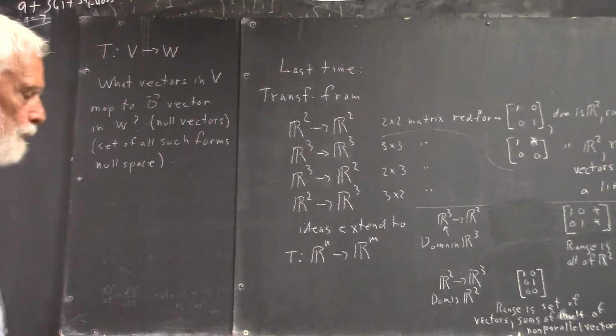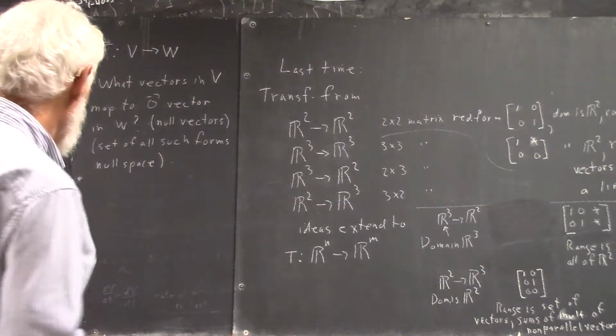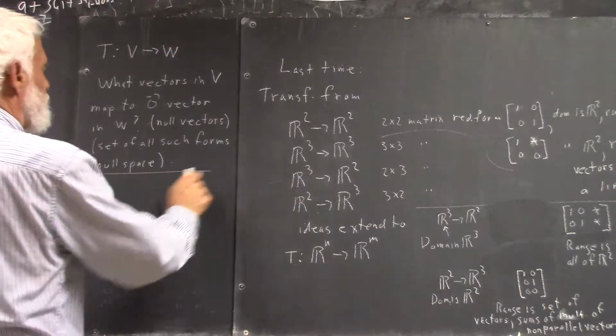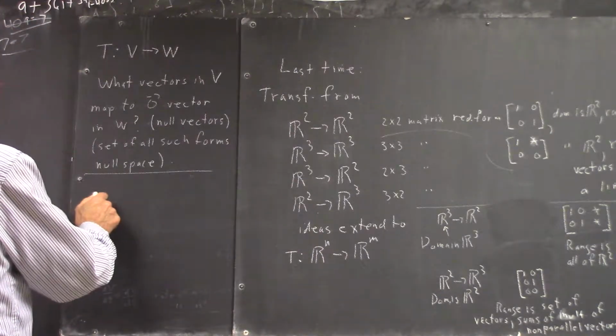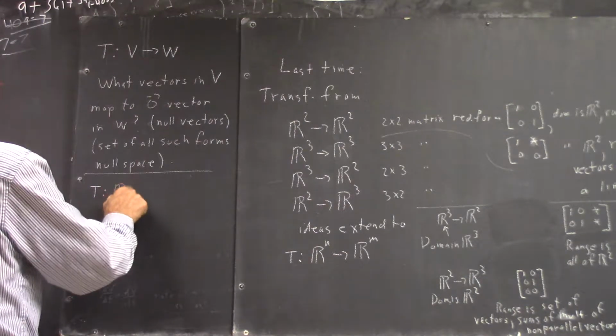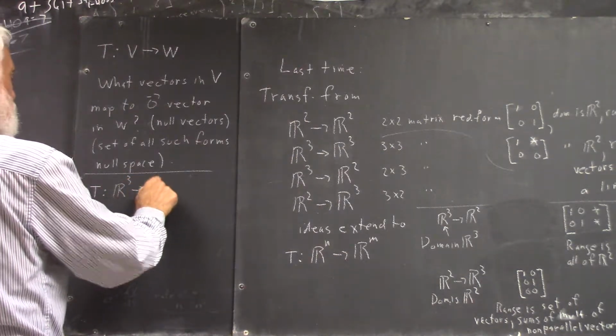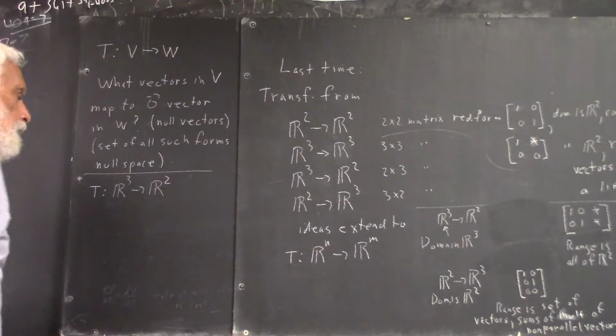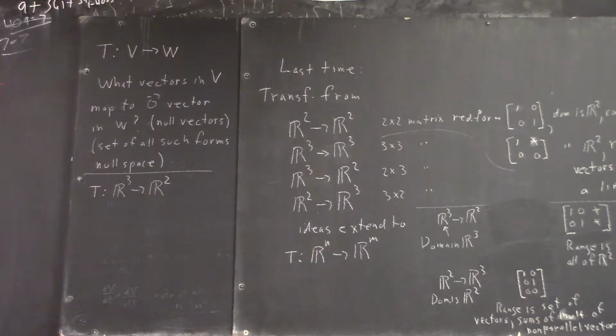Well, let's just do an example. Let's take a transformation from R3 to R2.